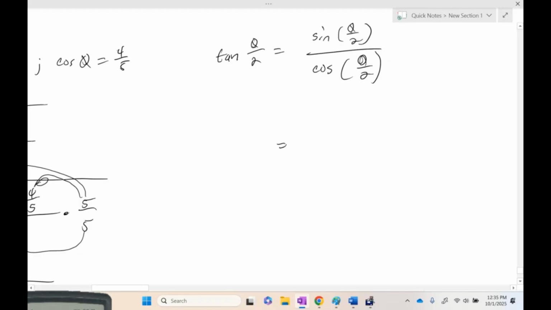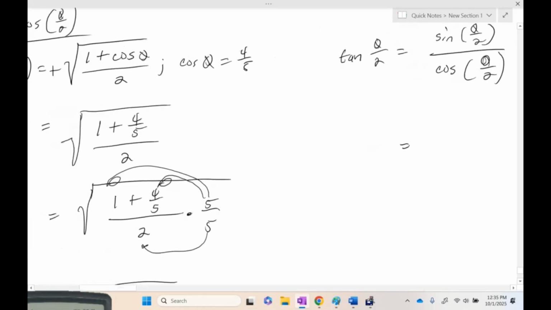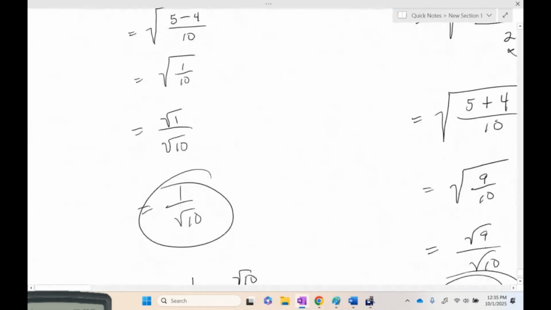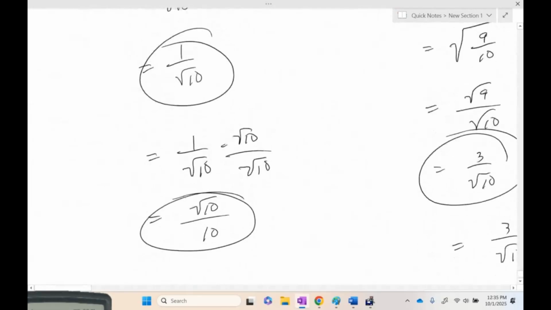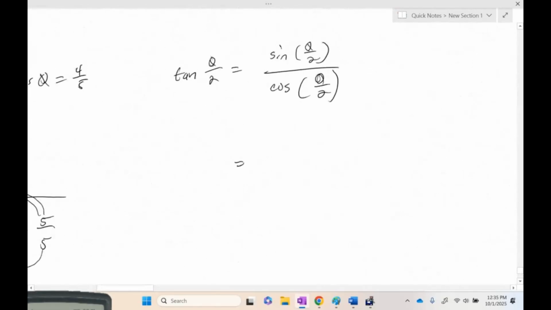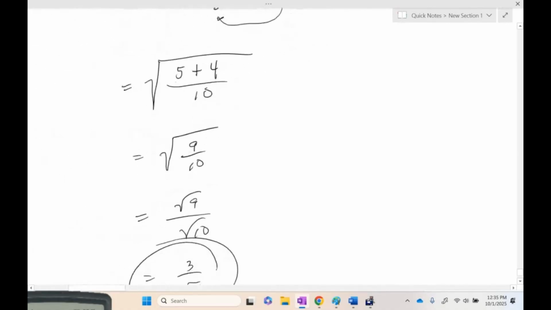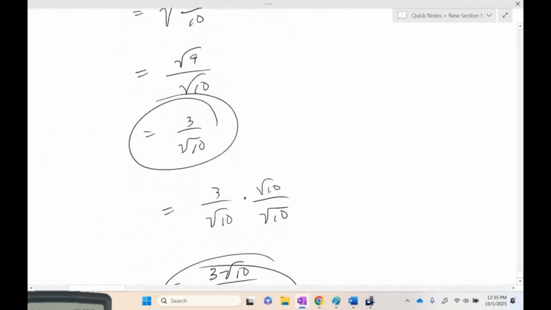So we've already found those values. The half angle for sine was square root of 10 over 10. The half angle for cosine was, I'm going to use 3 over the square root of 10.